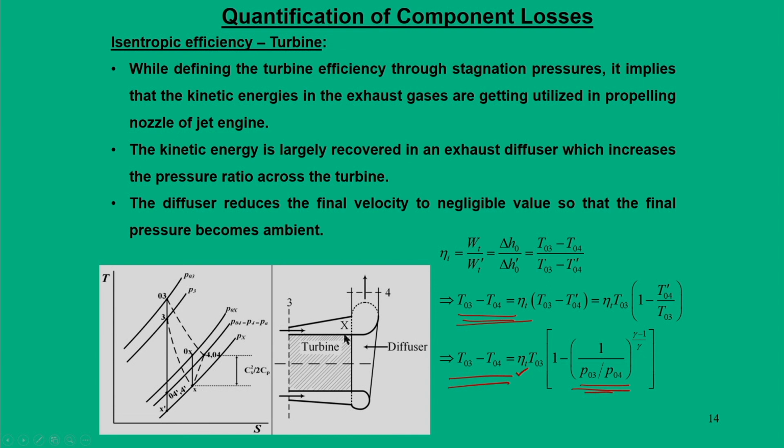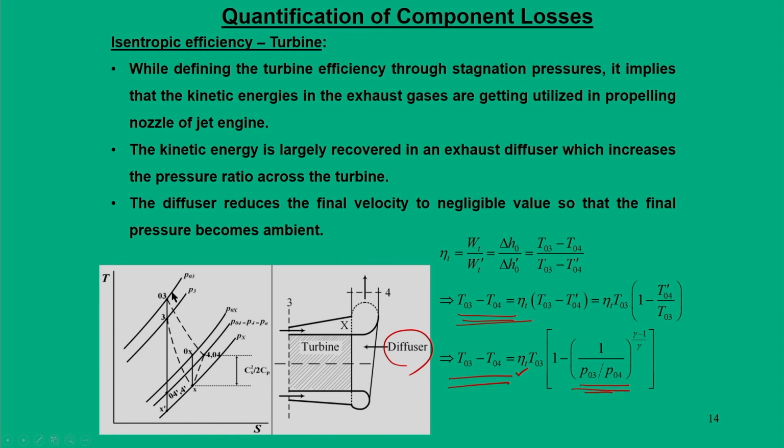Second, we also expect that when the exhaust gas goes out to the atmosphere, its pressure is almost close to ambient. So, we incorporate a component that we call a diffuser. What does the diffuser do? It brings the final velocity to a negligible value, so that pressure becomes ambient.